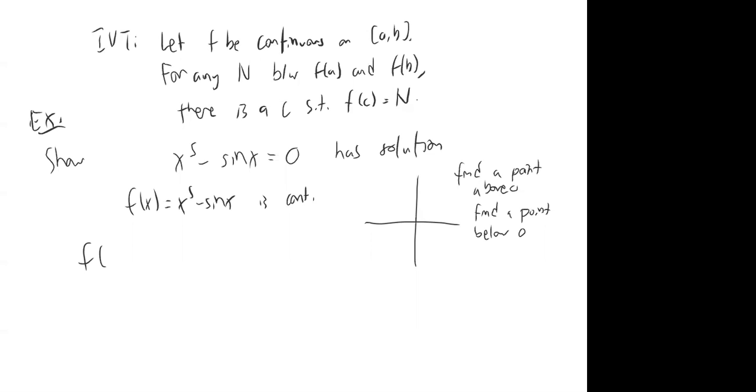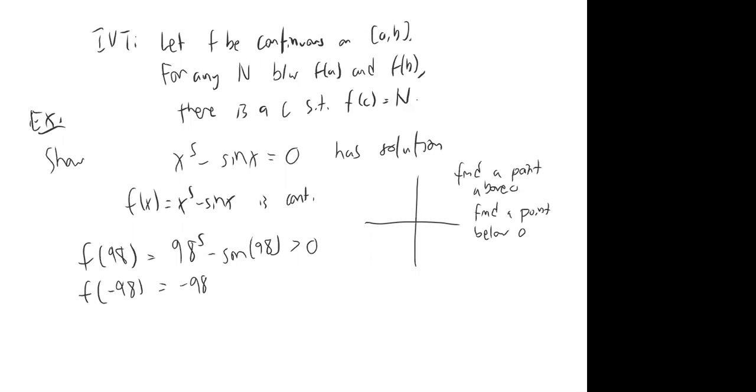Any suggestions? You could be as wild as you want. I'll start you off. Yeah, like 98. 98 to the fifth is certainly bigger than 1. I don't care what sine of 98 is. The biggest it could be is 1, it's bounded by -1 and 1. So this is bigger than 0. And f of, let's do -98.